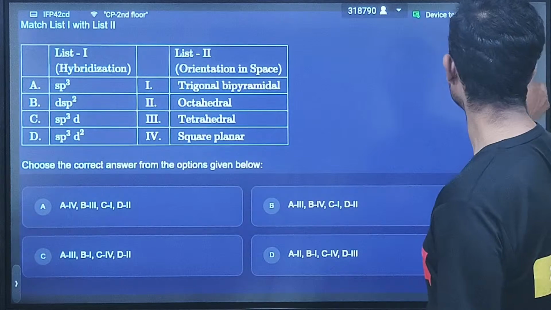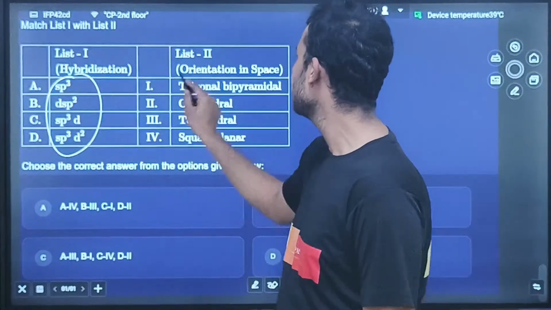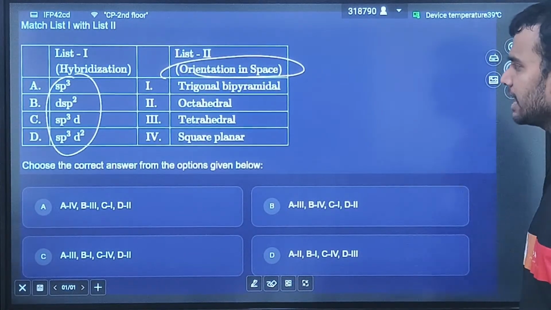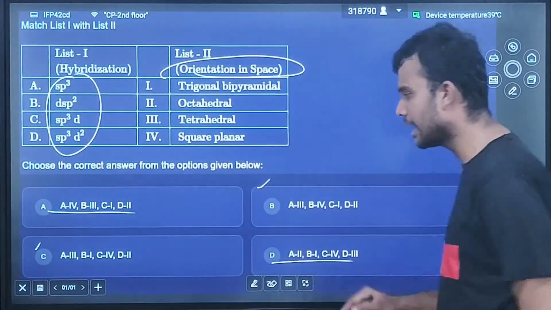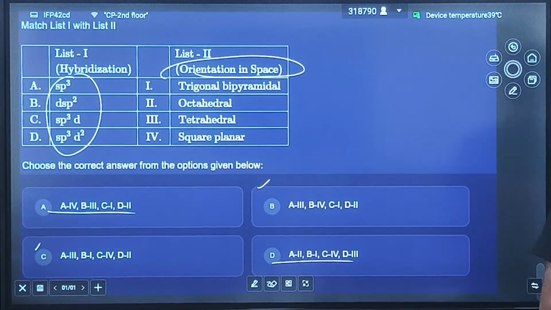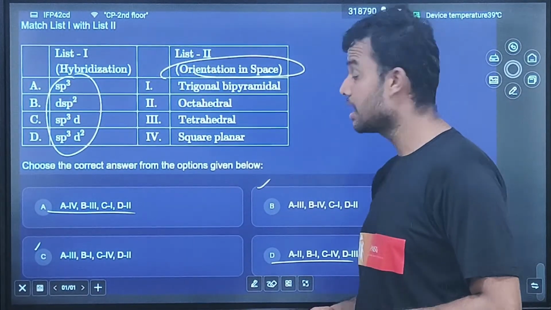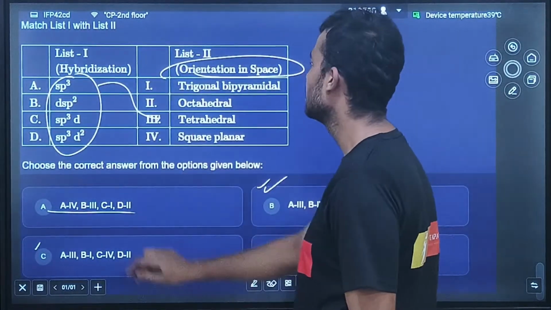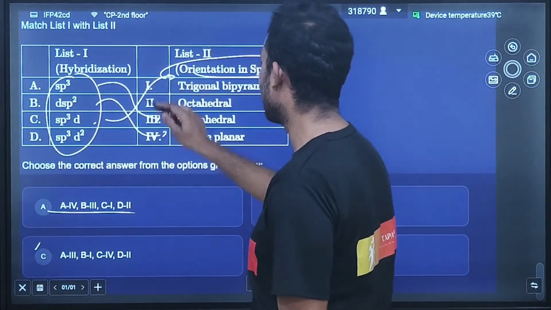Yes. Same type of question. I need this answer within 30 seconds, guys. They give the sp3, sp2 hybridization relation. They give the orientation in shape, meaning the geometry. sp3d has trigonal bipyramidal.